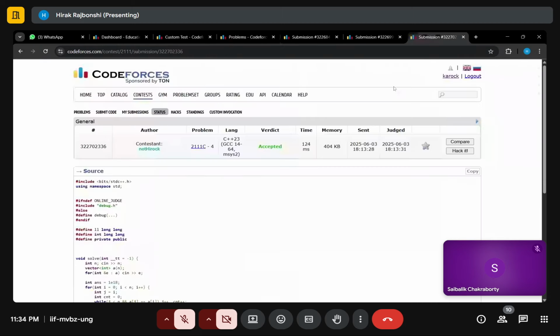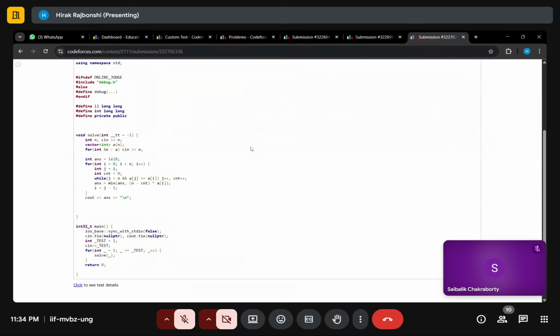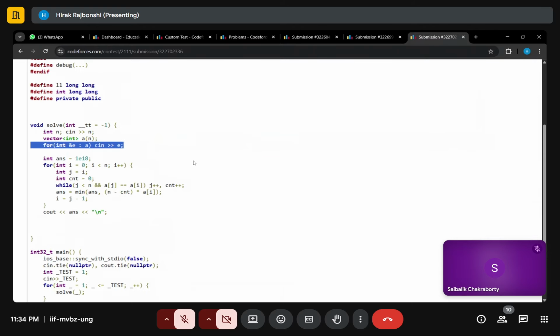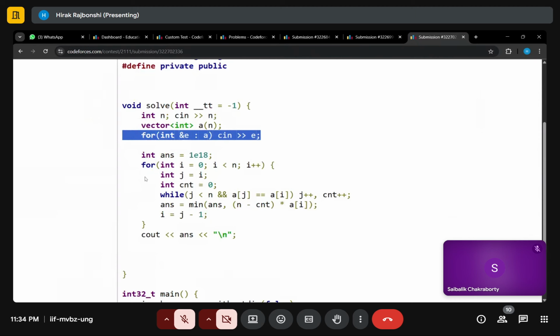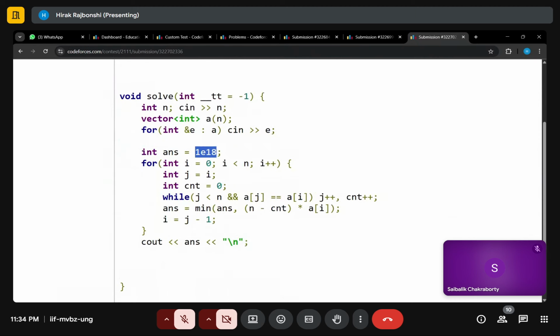So this is the basic solution. If we go through the code, I am initializing the answer to plus infinity, and I am iterating through the array, and for each i I am checking how many elements are equal to this. I initialize j with i, then if equal, I am increasing j and also the count.